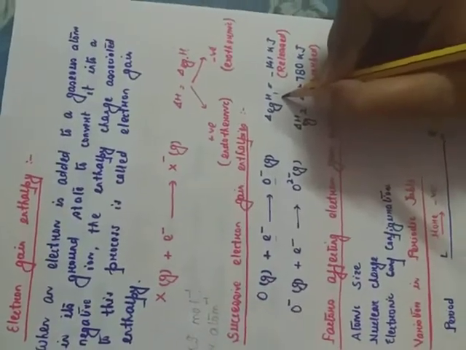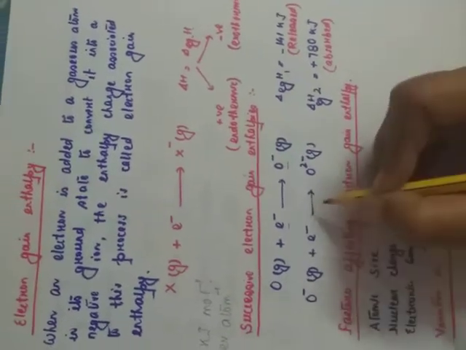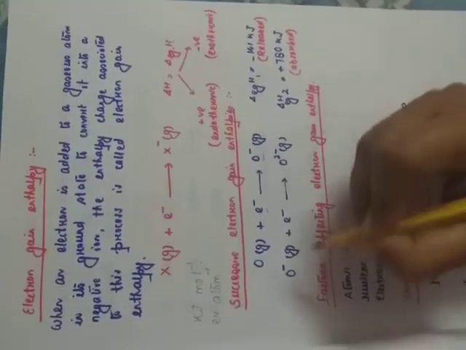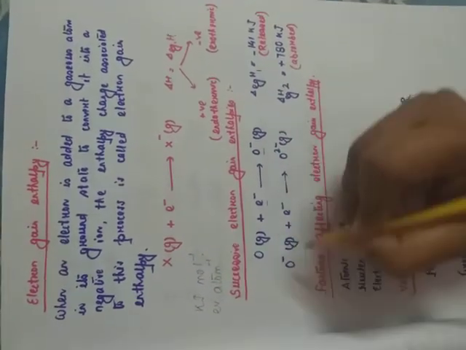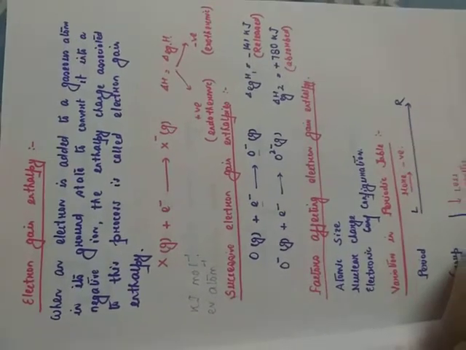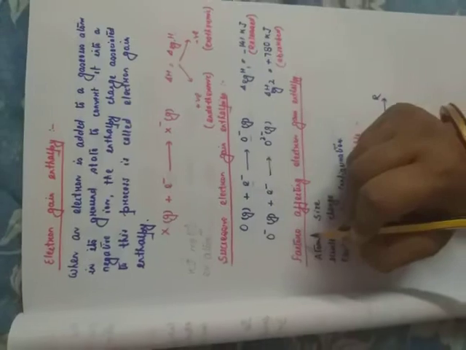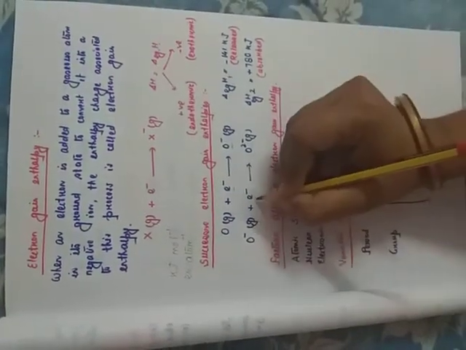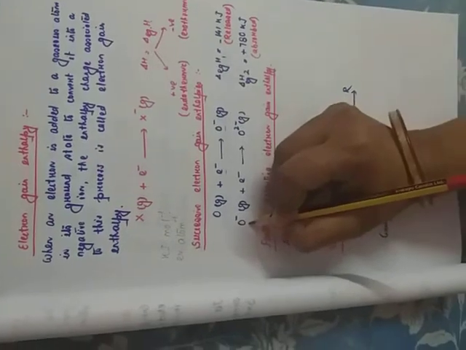Now it's obvious that once the anion is formed, adding one more electron to this anion is quite difficult because there will be a repulsion between two negative species. Hence, some amount of energy has to be provided from outside to add the electron to the negatively charged species.